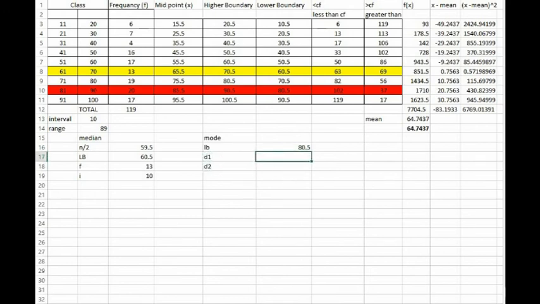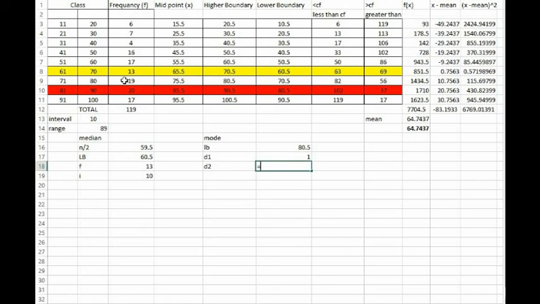So, si D1 is the number, the frequency of the modal class minus the frequency before the modal class. So, kung before si D1, so, ang modal class natin is 20 minus, nasa taas, 19.